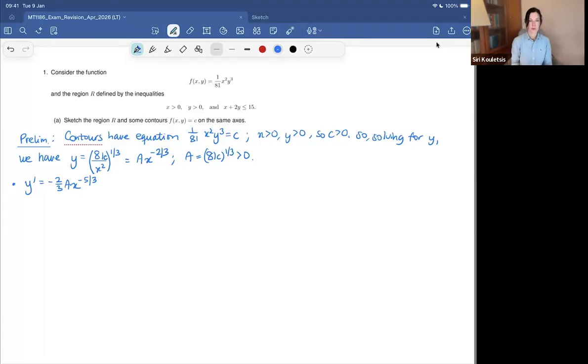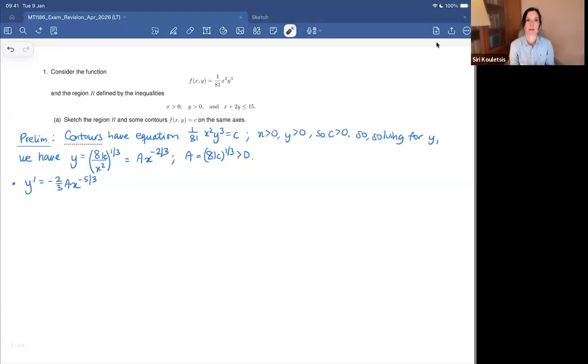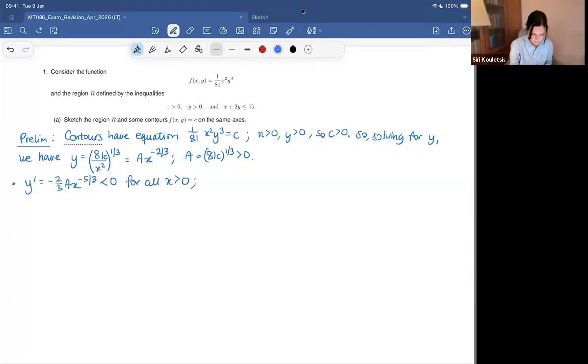And we see that for all x, and in particular all x greater than 0, which are the ones we are interested in here, this is negative. Since a is positive, x to the minus 5/3 is always positive, but then it's multiplied by the negative number, minus 2 over 3. So this y prime is negative for all x greater than 0, which means that y is decreasing.